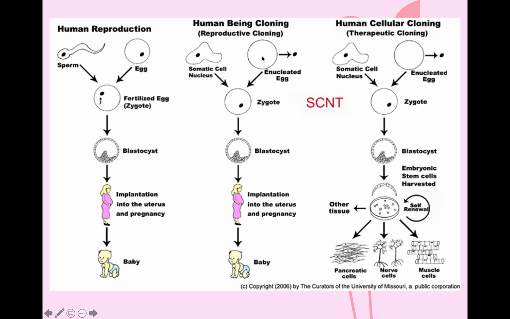You remove the nucleus and fuse them together to produce a zygote, get the blastocyst, implant it into the surrogate mother, and of course give birth to the baby. Now for therapeutic cloning, this is where it is a bit different from these two. The first part is similar to human cloning, but the next step, once you get the blastocyst, is that you produce embryonic stem cells. The harvest is used to produce other tissues or cells, and it is not used to produce another human being.